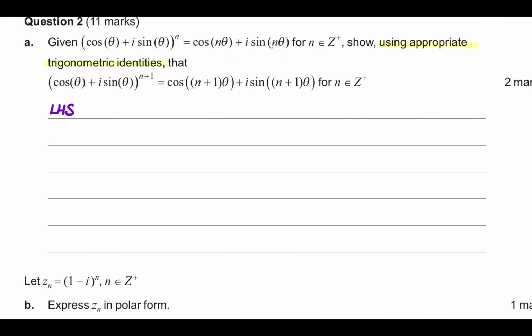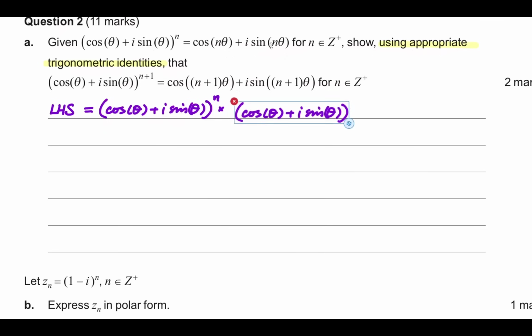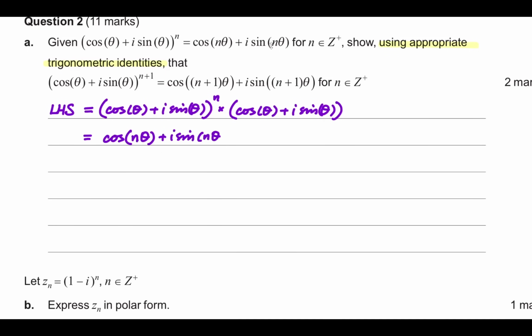Firstly, your left-hand side is (cos theta + i sin theta)^n times itself. And then for the first bit, I would write cos n theta + i sin n theta times the second bit. The next thing is we will need to actually expand everything.